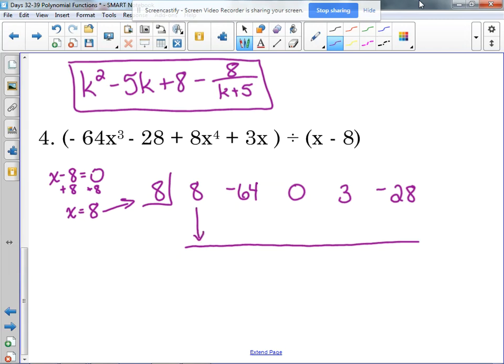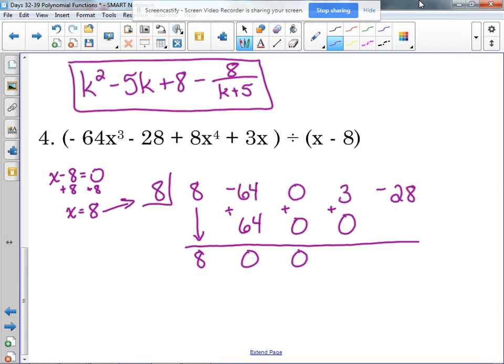All right, let's do it. Bring down 8, multiply. 8 times 8 is 64, positive 64. So negative 64 plus positive 64 is 0. 0 times 8 is 0. 0 plus 0 is 0. 0 times 8 is 0. Bunch of zeros there. Be careful.